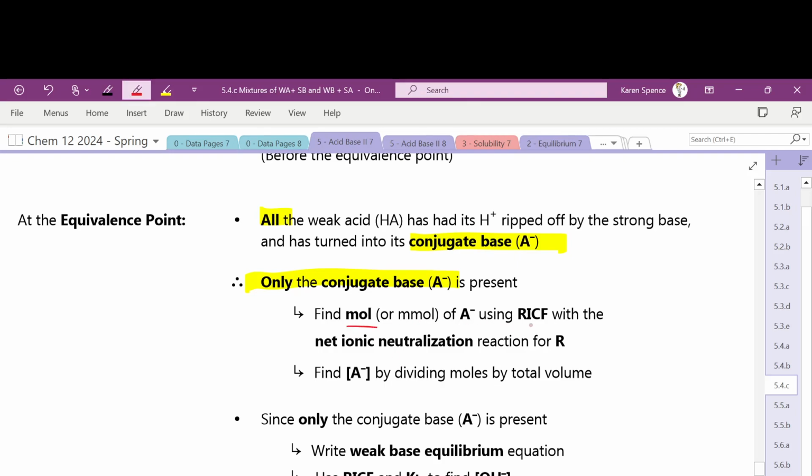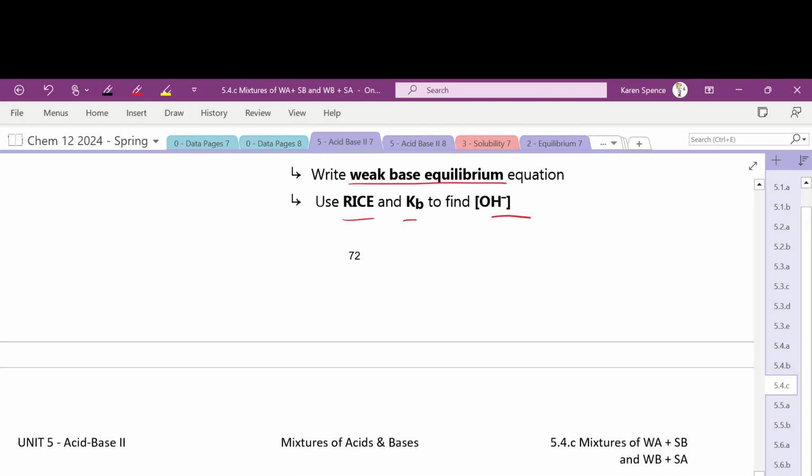You would find the moles of A using a RICE table, and then you would divide by the total volume, and then you would do a weak base equilibrium with RICE and Kb to find OH. A question like this would be challenging. It would be one of those ones at the end of the test, right? You'd be like, oh, damn.